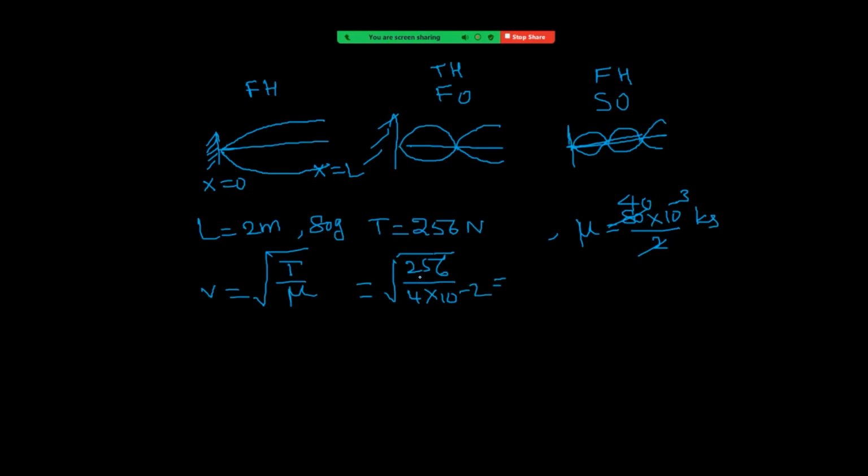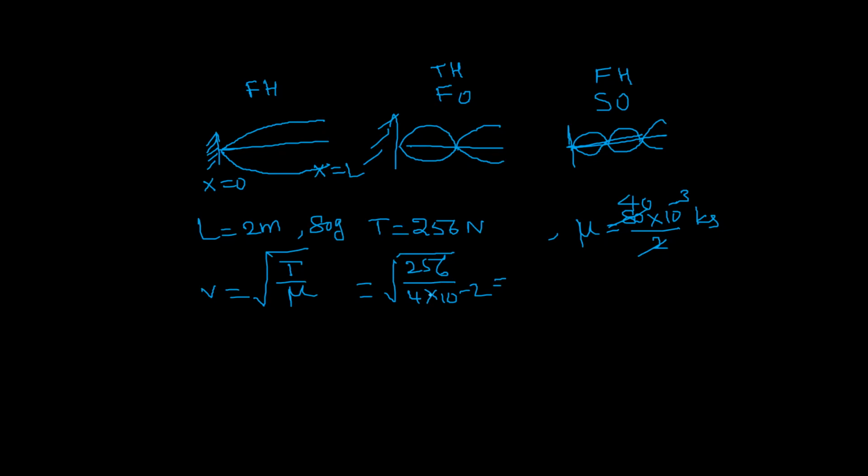So 4 here, how many times can we take 256? See the calculation carefully. Root of 256 by, mass is given as 80 gram and length is 2 meters, so 40 10 power minus 3, that is 4 10 power minus 2.